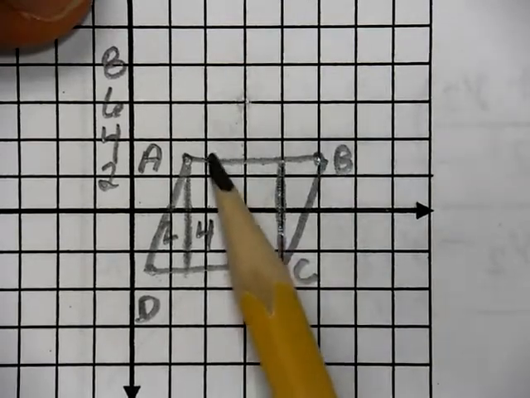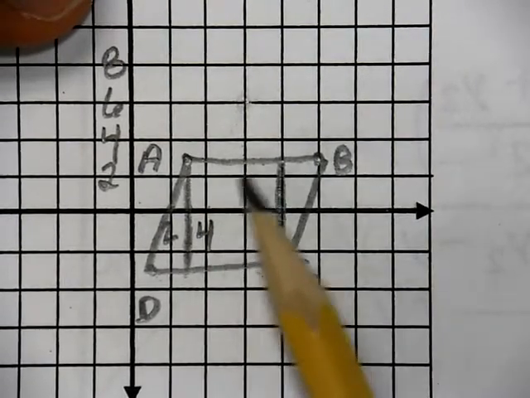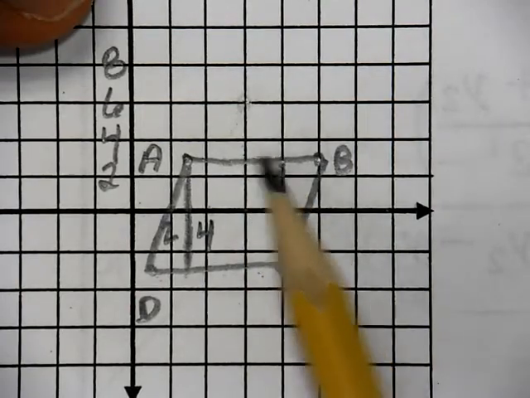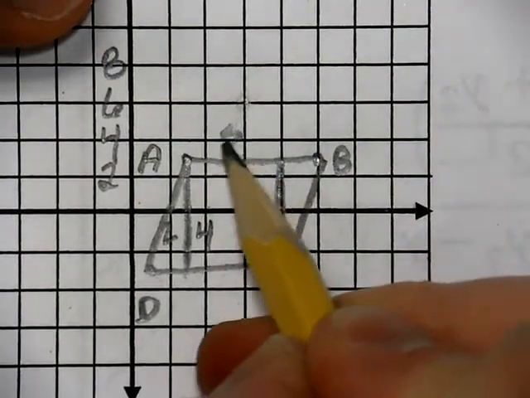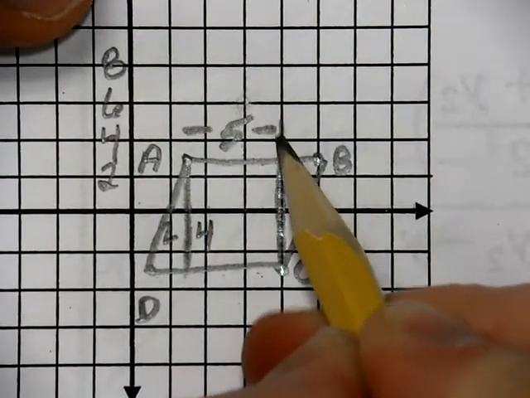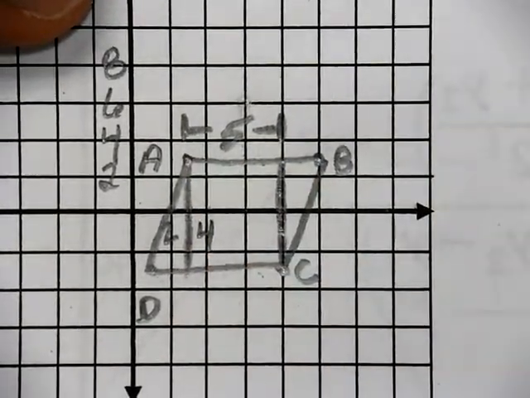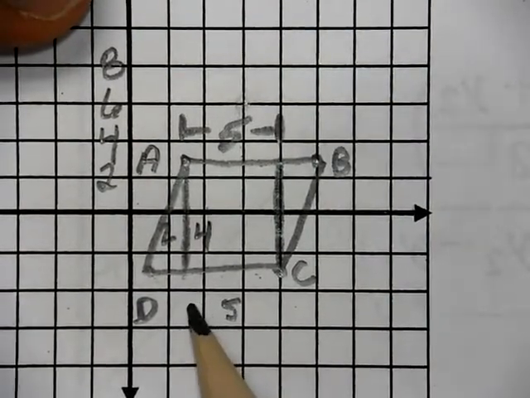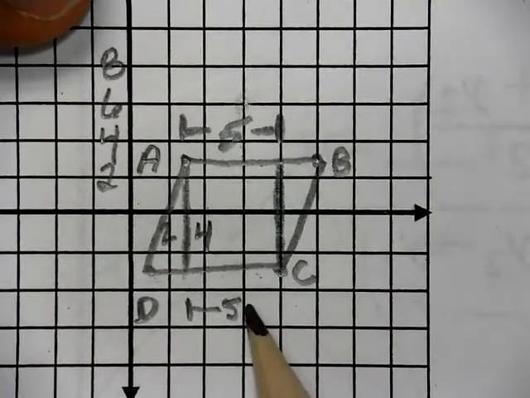Well, I'm sorry, we only need to count to the edge of the square. 1, 2, 3, 4, 5. So 5 to there and 5 to there. Same thing down here. 5 is just to this spot.